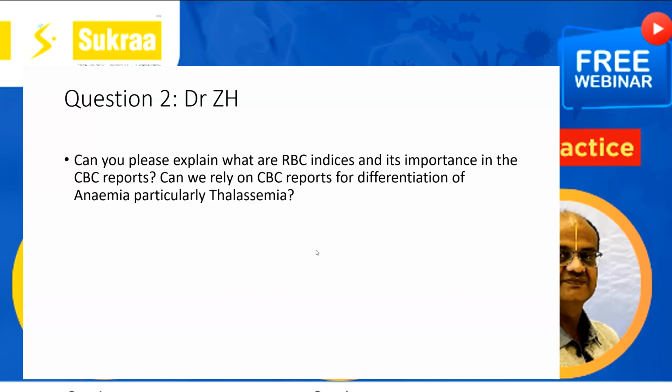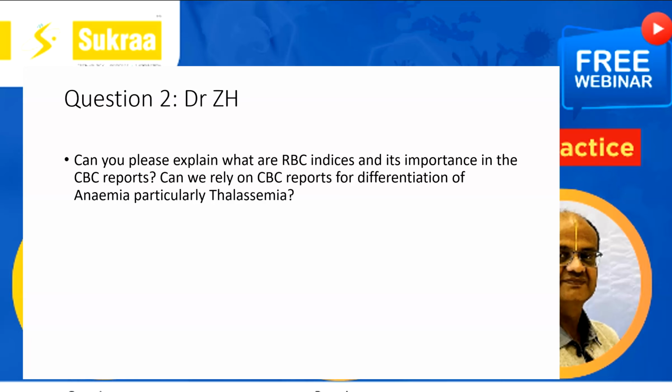Sir, your inputs on it? Yeah. So we were able to understand that there are 3 RBC indices, which is MCV, MCH, MCHC. With the utility of the RDW and the MCV and the RBCs, we'll be able to categorize whether they are iron deficiency or thalassemia based upon the CBC reports to a certain extent.